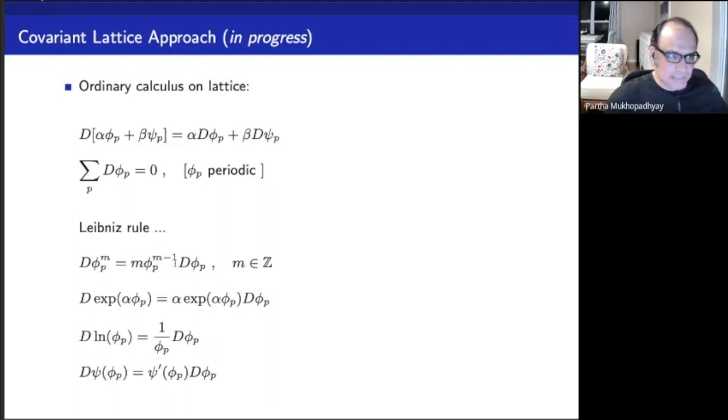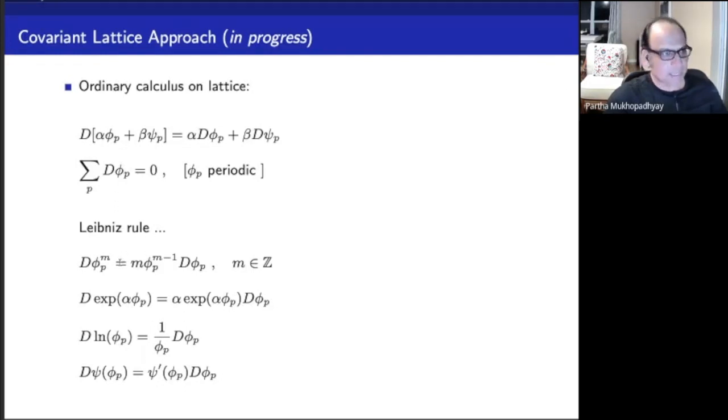This relation is for n integer, and then you can prove this. Then using this, you can extend it to arbitrary m, any constant m. Now these first two properties are also satisfied by the difference operators delta plus minus, but delta plus minus do not satisfy these relations, which D satisfies.